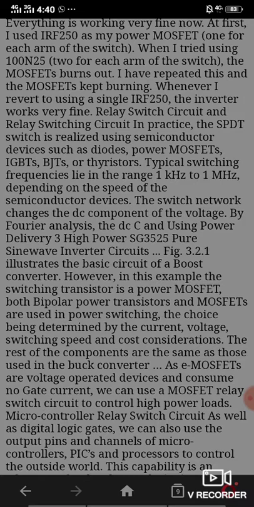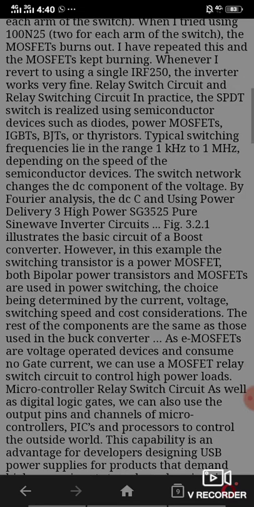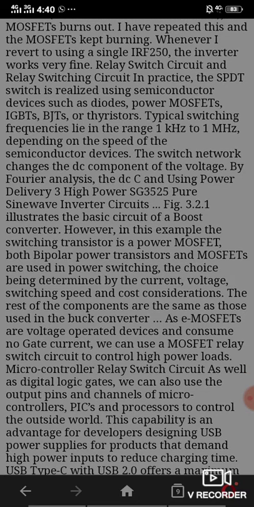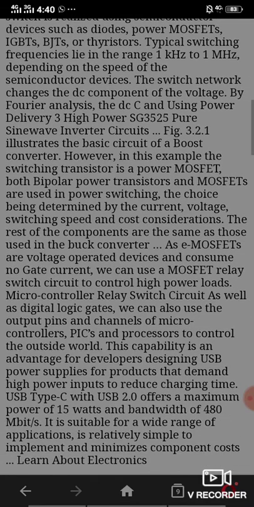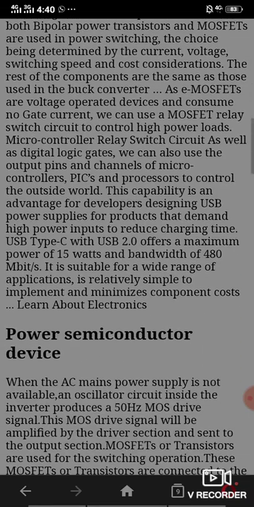We can use a MOSFET relay switch circuit to control a high power load, as well as a microcontroller relay switch circuit and digital logic gates. We can also use the output pins and channels of a microcontroller to control the outside world. The capability is an advantage for developers designing USB power supplies for products that demand high power input to reduce charging time.